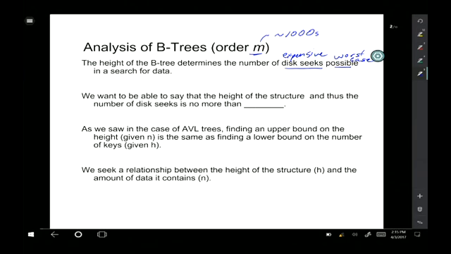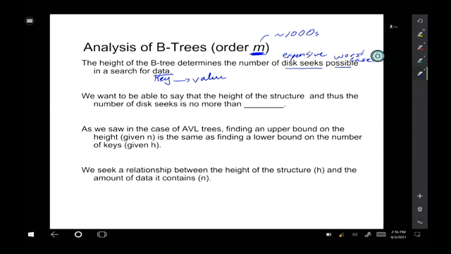When I say search here, I mean a search for a key; the intention is that we would also get the value. So this M here, which reflects the size of a block, probably also includes the size of your value, the amount of data that you can pull as well.